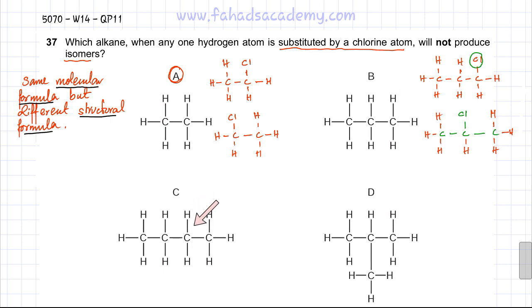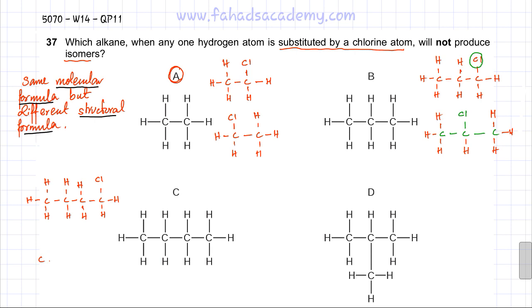We can also try option C now. In option C, in exactly the same way, I can have the chlorine atom attached to the carbon atom at the end, with all the other bonds being to hydrogen. And I can make an isomer of this molecule by rearranging the structure.